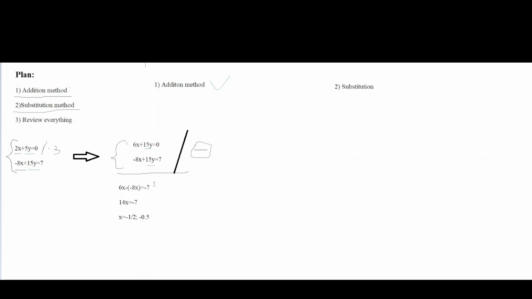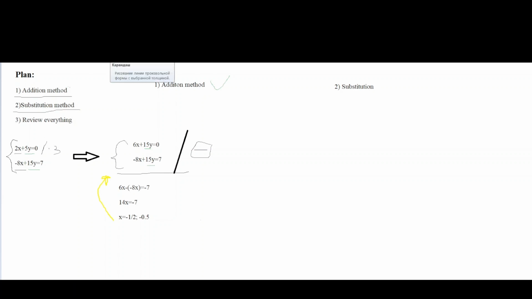And then in order to find y, we put our x into the first or second equation. It doesn't matter.